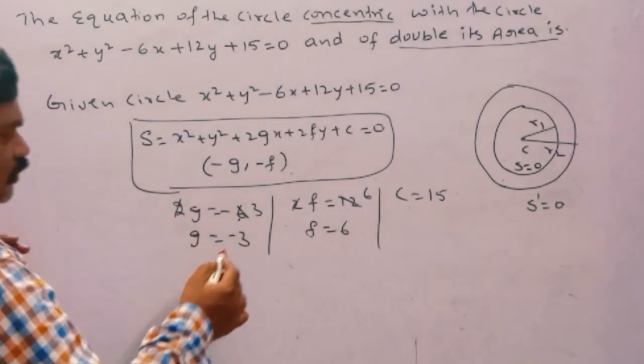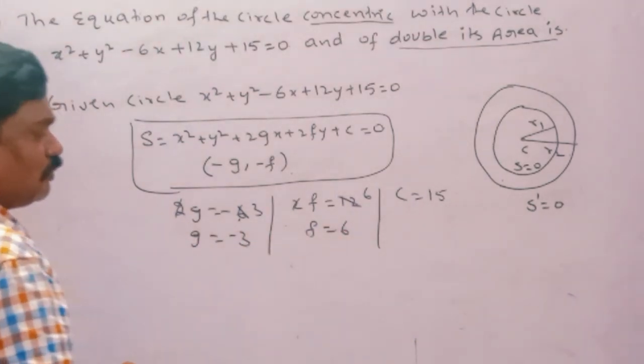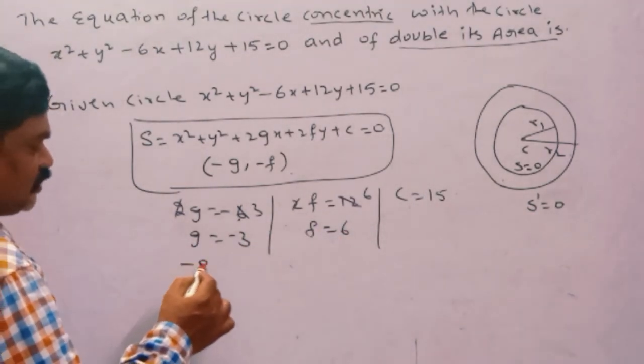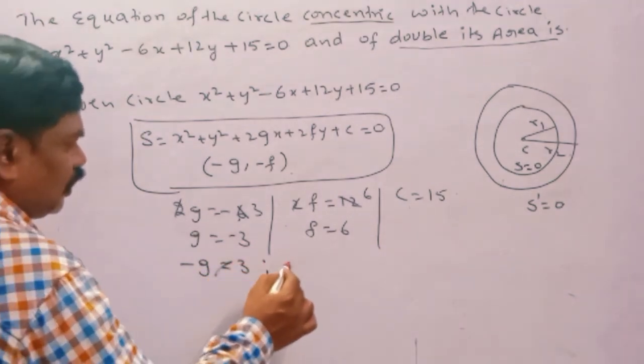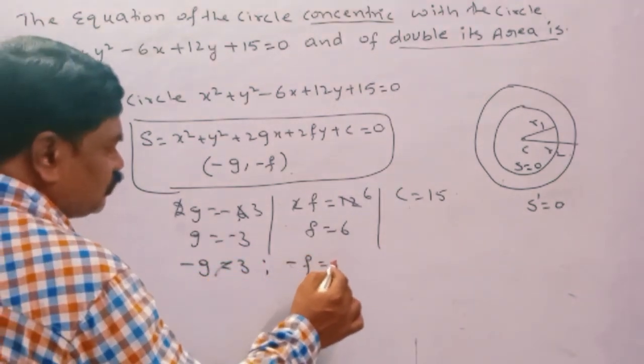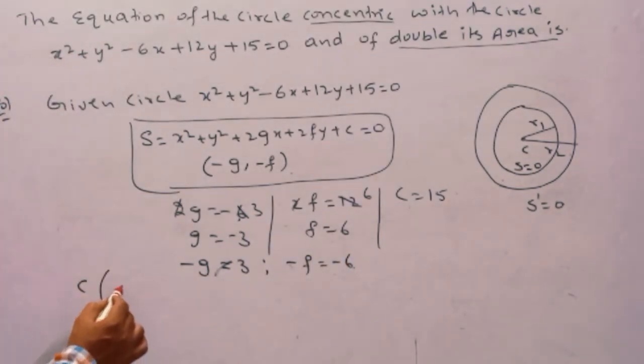Then g is equal to minus 3, f is equal to 6. Minus g is equal to 3 and minus f is equal to minus 6. Then the center of the required circle is (3, minus 6).